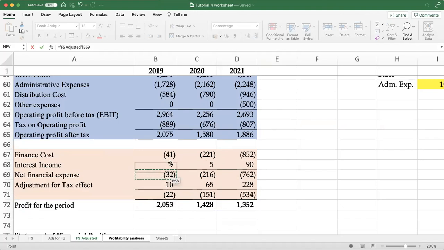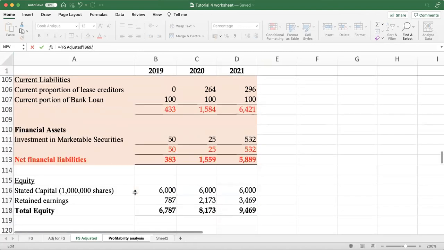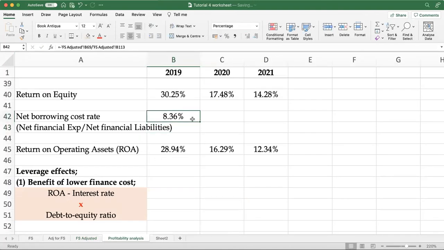You see this is a negative value, so you put minus 32, minus net financial expense, divided by net financial liability. So you get a borrowing cost rate.